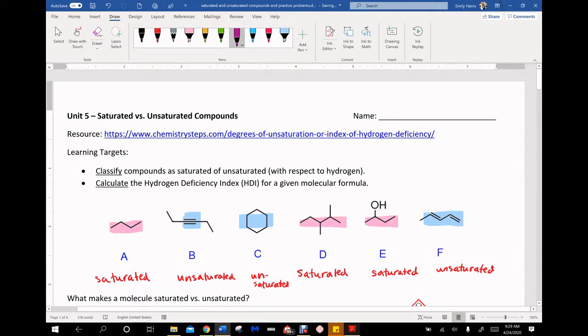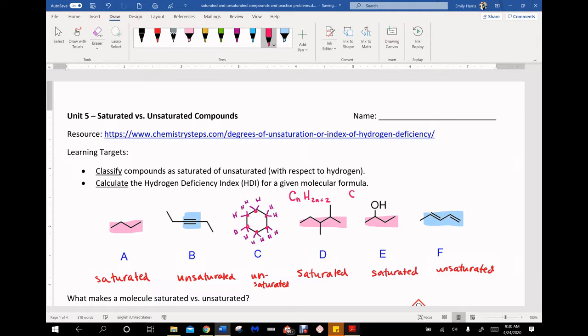So I'm going to scroll you back up to this original example here of C. On each of these carbons, they're going to end up having 2 hydrogens. They're just hidden in the skeletal structure at the moment. Now, what we're going to do is look at our saturation formula, CnH2n plus 2, and see if it fits. So here we would have 1, 2, 3, 4, 5, 6 carbons.